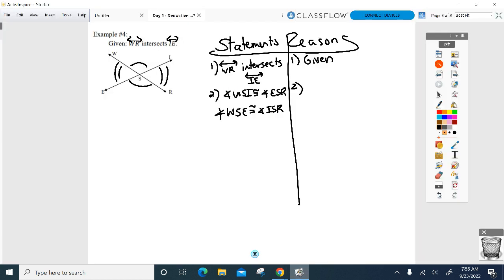Vertical angles. And hey, we're not going to write the definition of vertical angles. We wrote down in our packet in Unit 1, if they're vertical, they are congruent. There you go. Vertical angles are congruent.